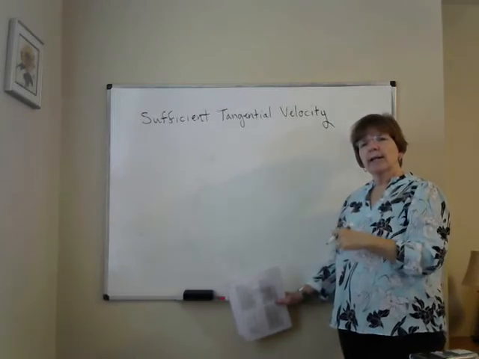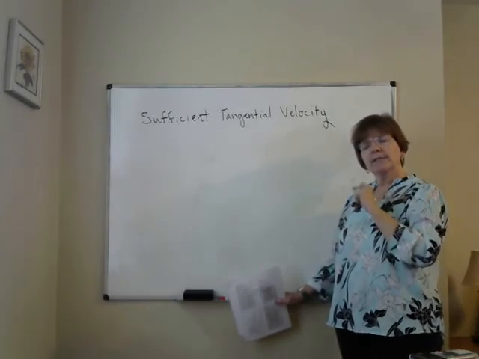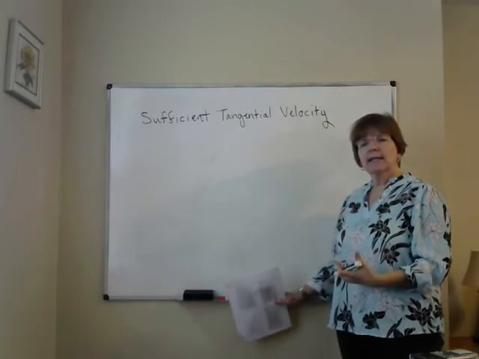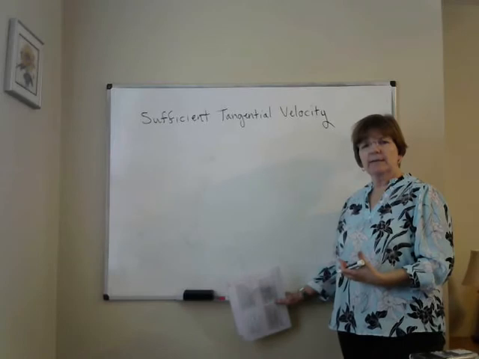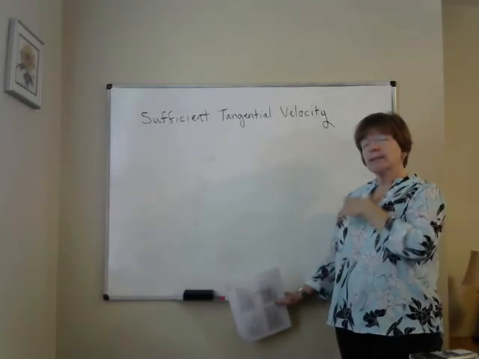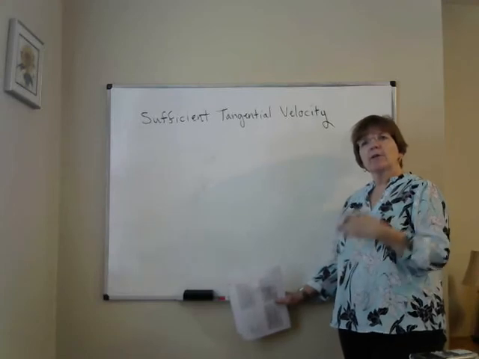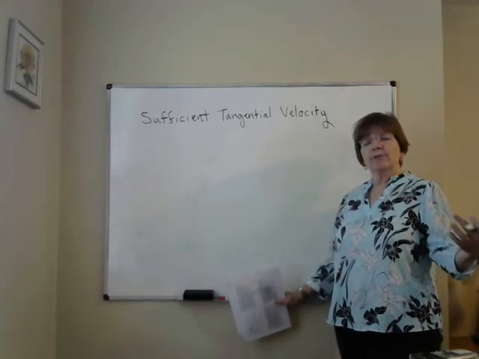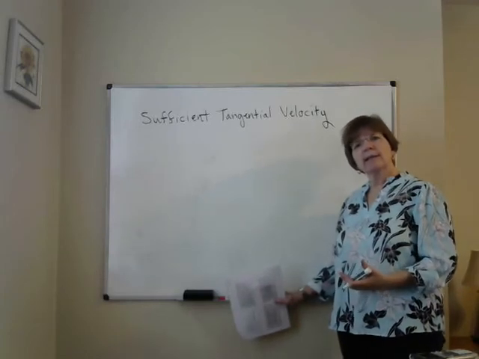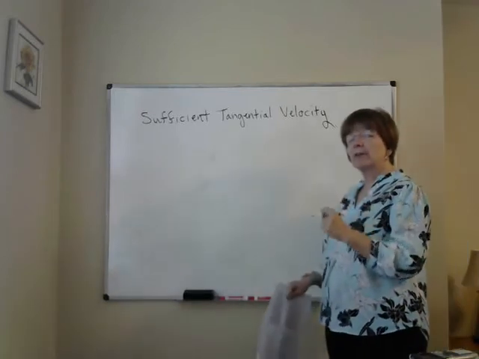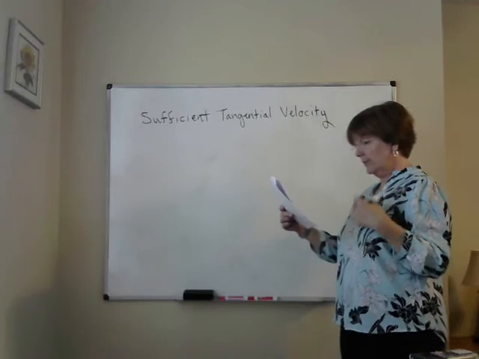If there's no air drag and you have sufficient tangential speed, you will stay in orbit indefinitely. You'll just be in free fall forever. Every time you fall 5 meters, the Earth falls away 5 meters, so you're not any closer than you used to be. So a satellite is just a very, very high-speed projectile.